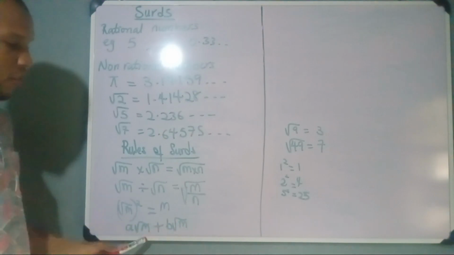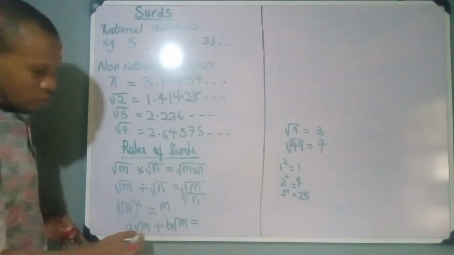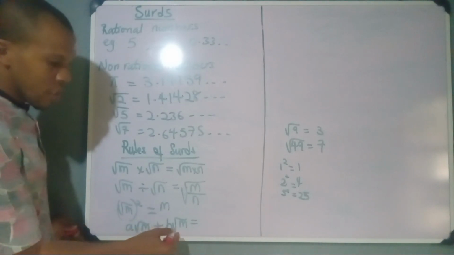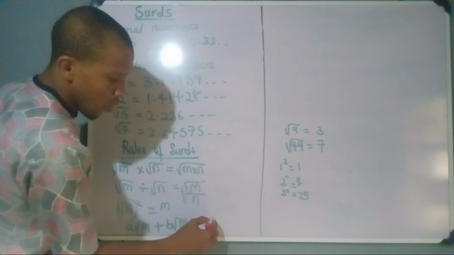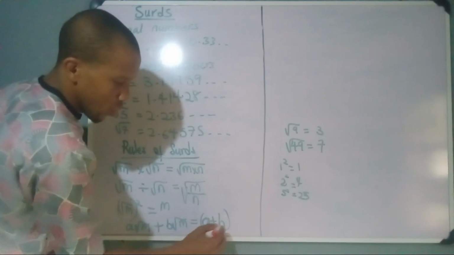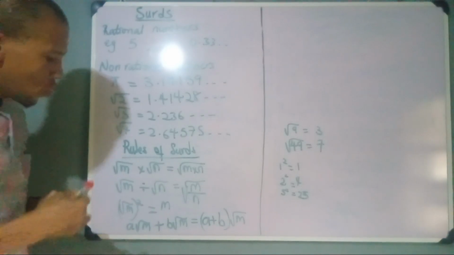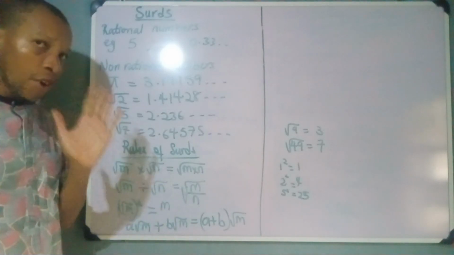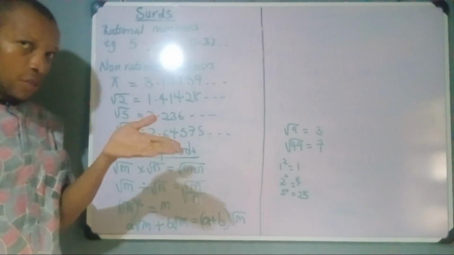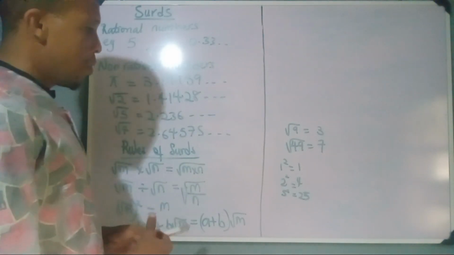Both of them have the same surd, root m. So you just have to add the coefficients, that's the values of a and b. That will be a plus b, root m. So if you have something like 2 root m plus 3 root m, that will be 2 plus 3, 5 root m. Do you understand that?